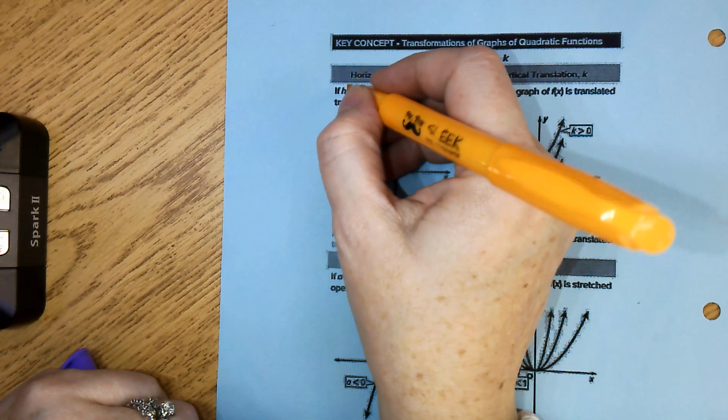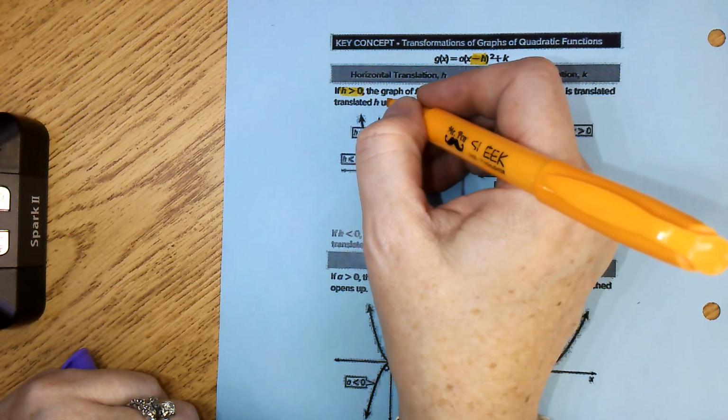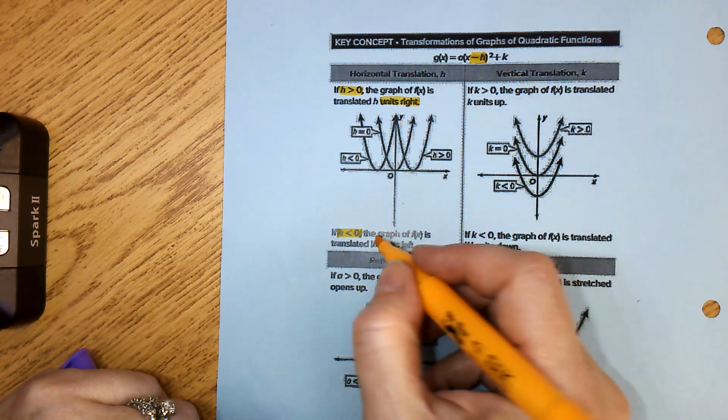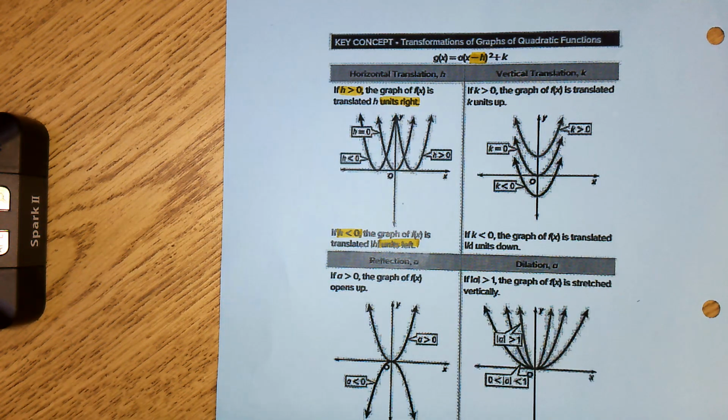So when h is greater than 0, translate units right. And when h is less than 0, the absolute value, units left. Now the great thing about this is you won't be asked to determine this from graphs themselves.